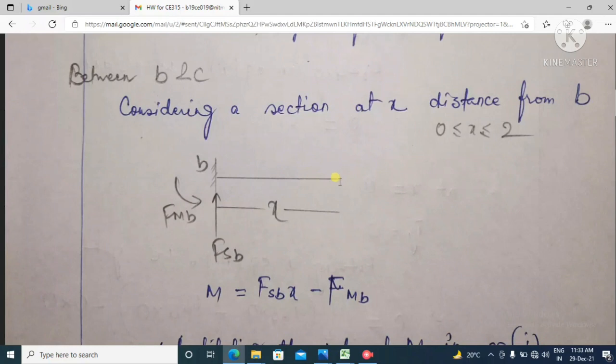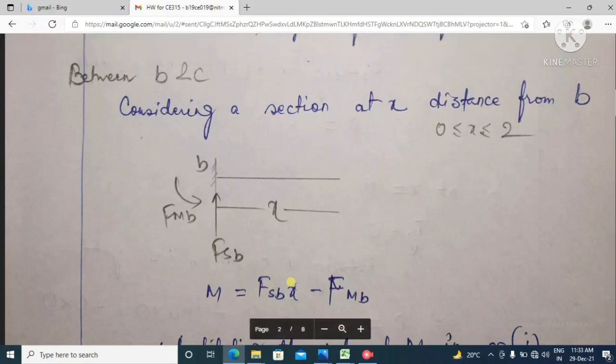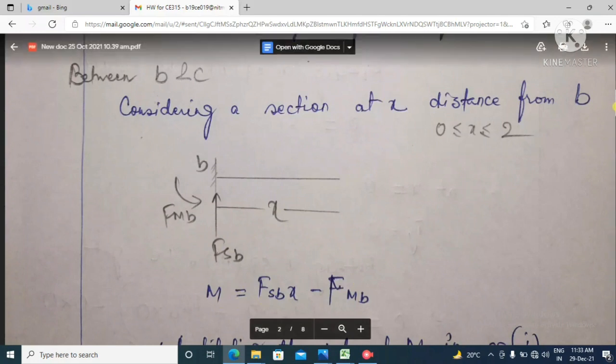If we take moment about this point, what can we write? Moment is equal to FSB times x minus FMB. I have taken anti-clockwise moment as positive. So you will get M is equal to FSB x minus FMB.